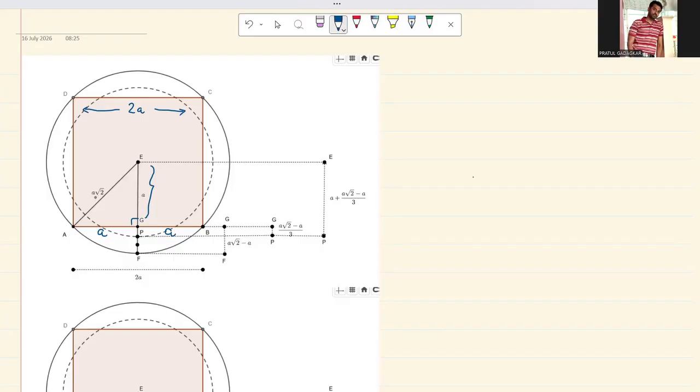Now using this a root 2, I am going to initially construct a circle, which you can see as the complete black circle. That circle has radius a root 2.